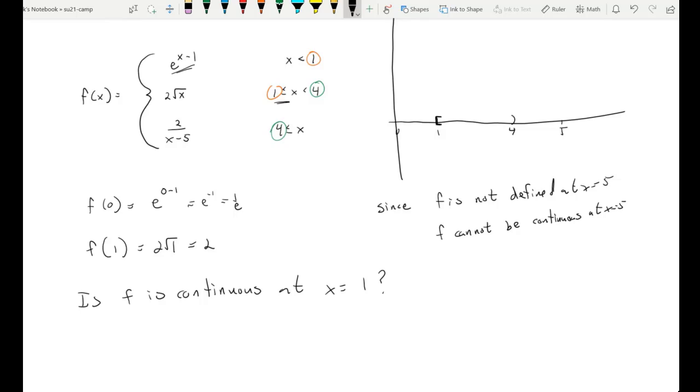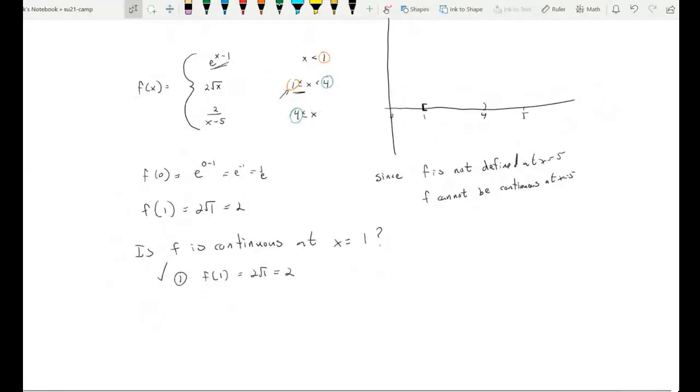That's a question, right? So you check the three conditions. Well, is f defined at 1? Sure. When x is 1, we get that f equals 2. So yes, the function is defined at 1.